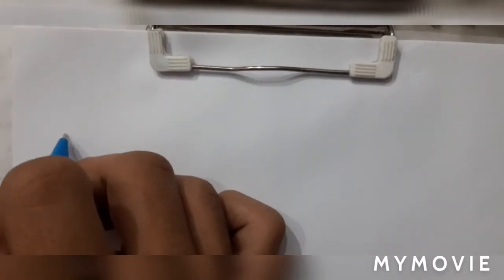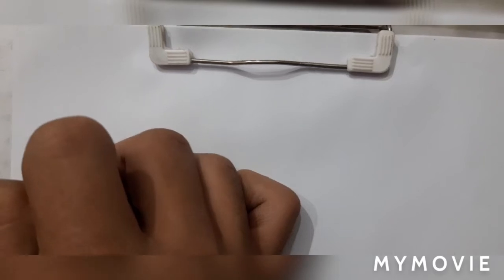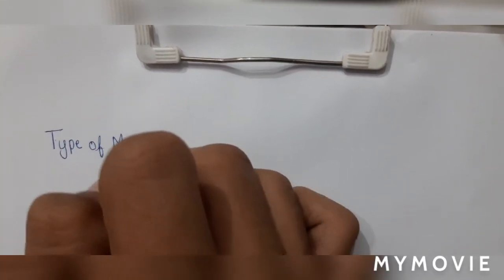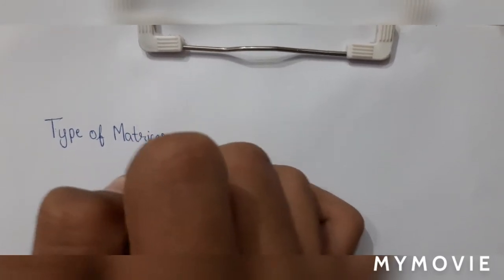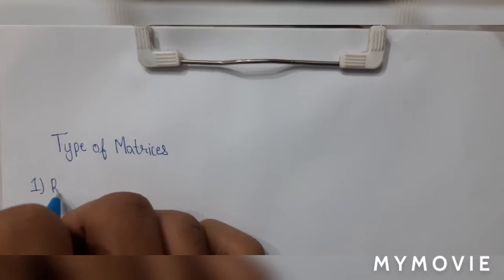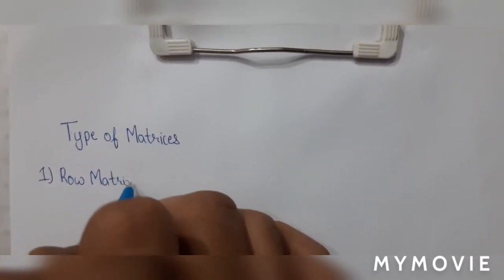So the next comes types of matrices. So the first type is the row matrix.